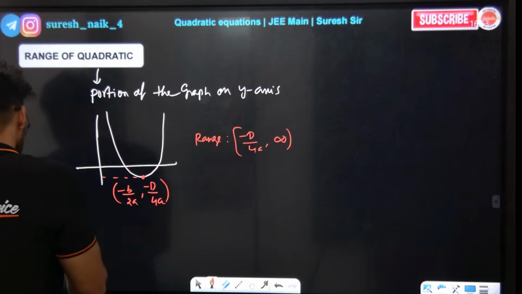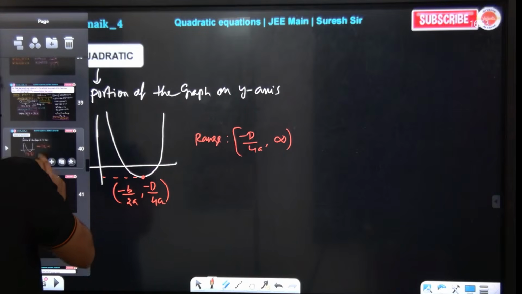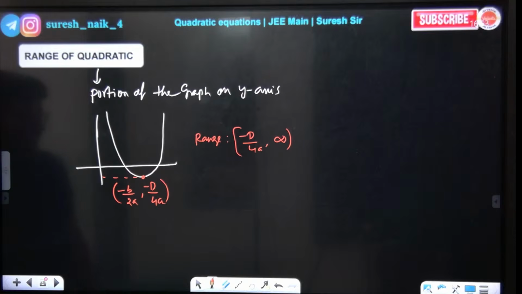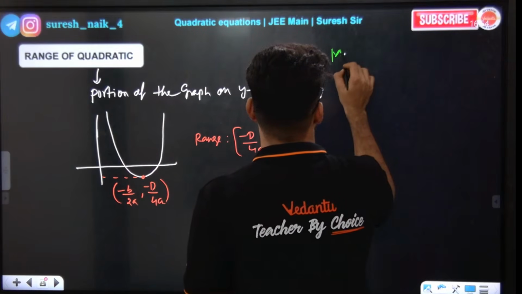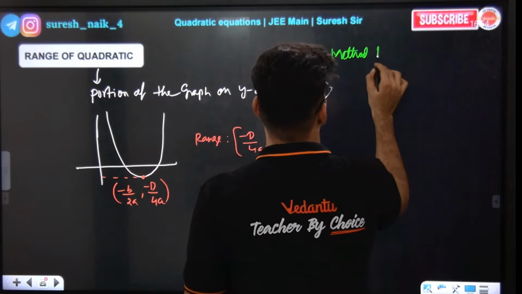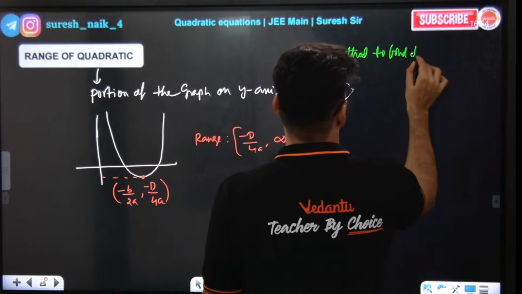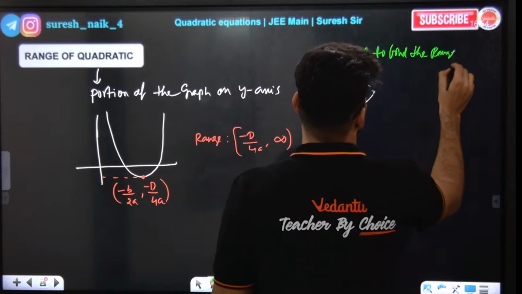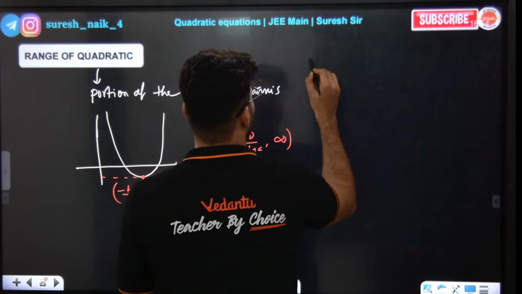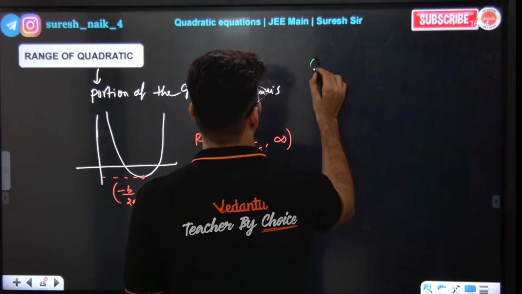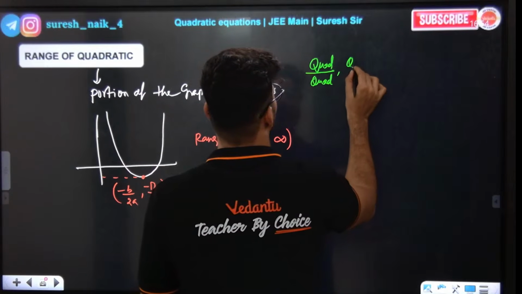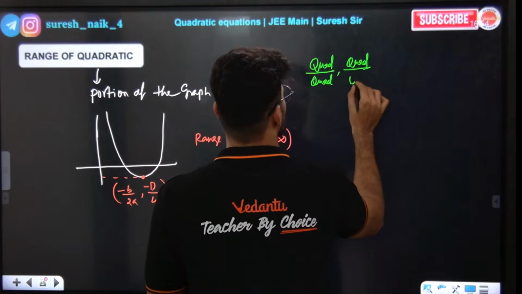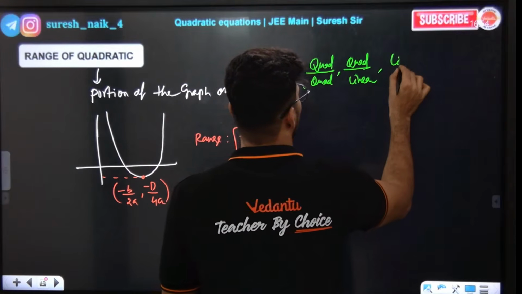Now there are methods. What are the methods we have to find the range, guys? Whenever we get a method to find the range, by type, for example, quadratic by quadratic, quadratic by linear, linear by quadratic, and constant by quadratic.